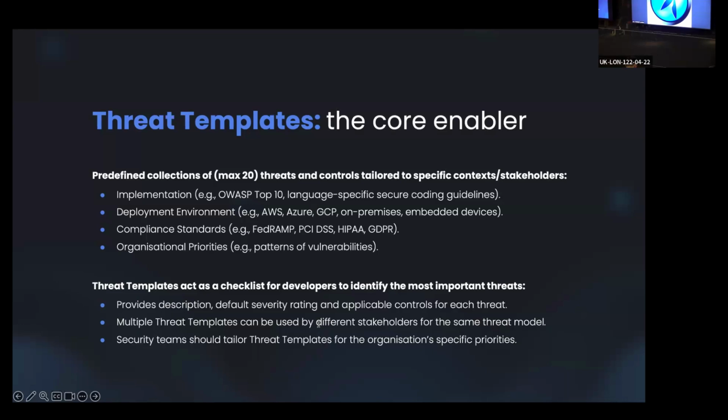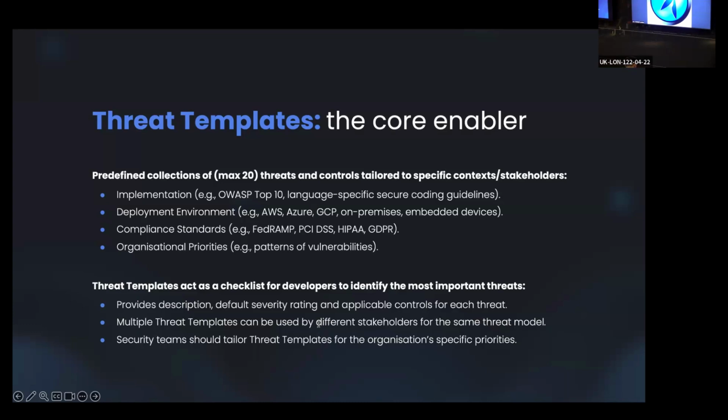So these are the patterns of vulnerabilities that we see more recurrently within our organization. These are the top risks that we should always have our developers think about every time they're building something new. So threat templates really act as a checklist for developers to identify the most important threats for a given context without relying on security experts for the enumeration.